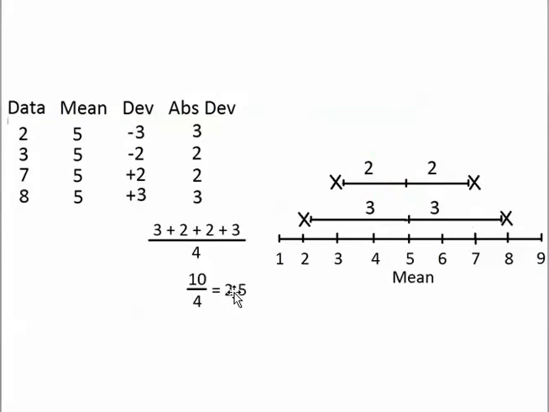But what if this value drops to 2 and this value goes up to 8? Now we have one data value that's 3 below the mean of 5 right here, and one data value that's 3 above the mean of 5 right here.